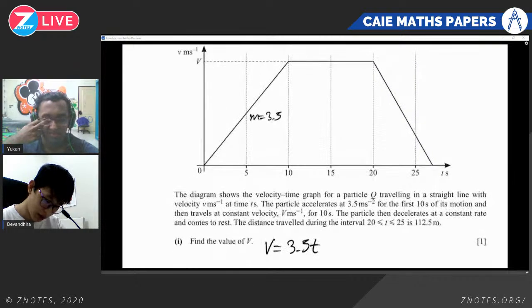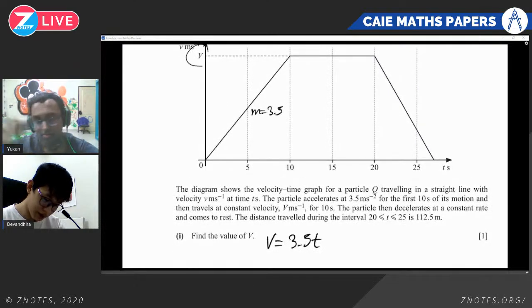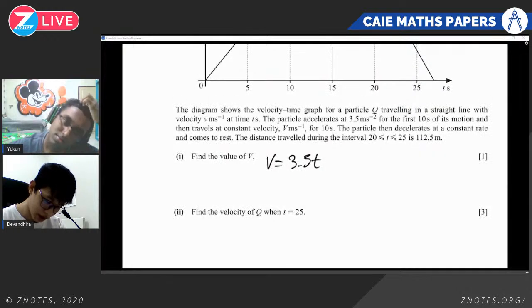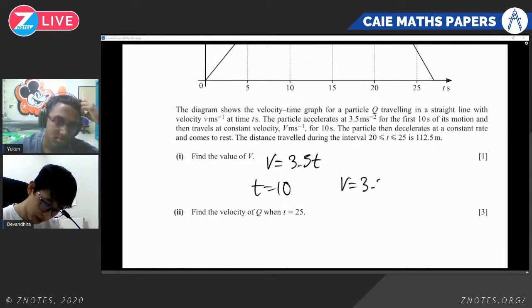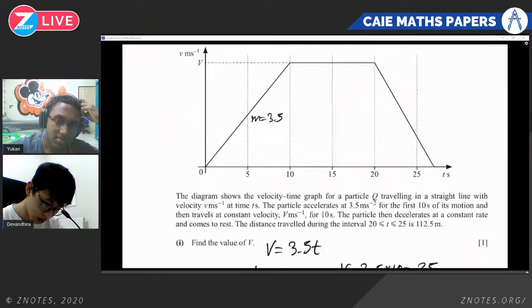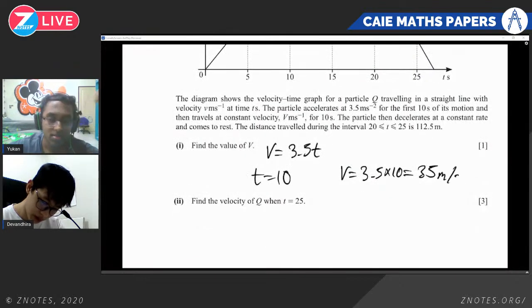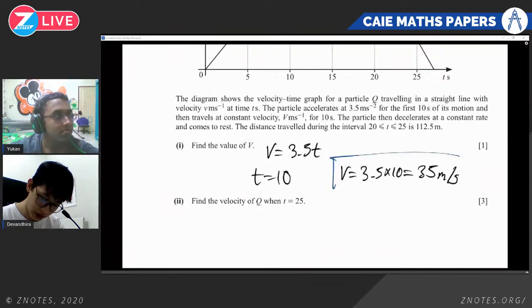Now, you see, it reaches this v value when t is 10. That means we just have to put t is equal to 10. So we have v is equal to 3.5 times 10, which is 35. 35 meter per second. Okay, that's our answer, 35.